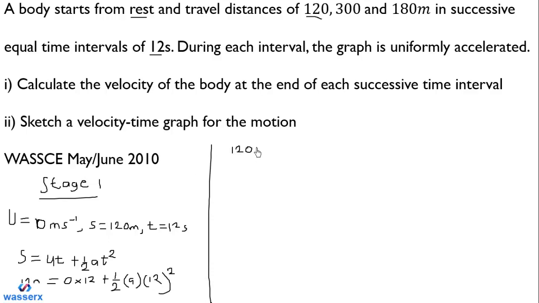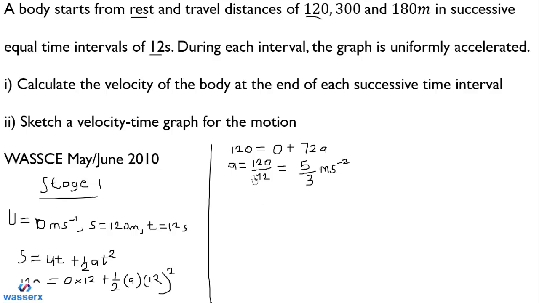Simplifying, 120 is equal to 0 plus 72a. So a is equal to 120 over 72, which simplifies to 5 over 3 meters per second squared. That's the acceleration for this stage.